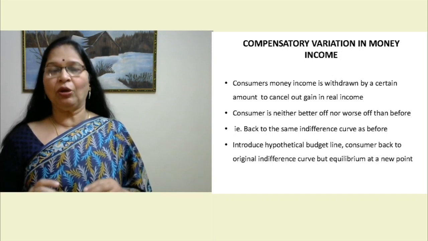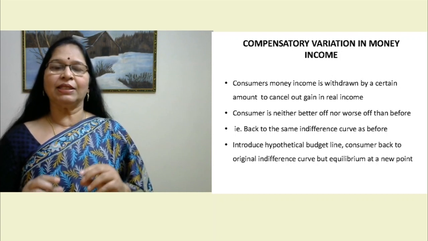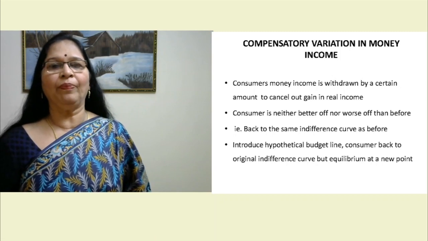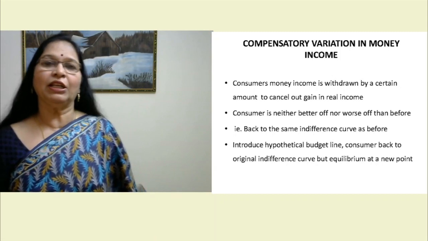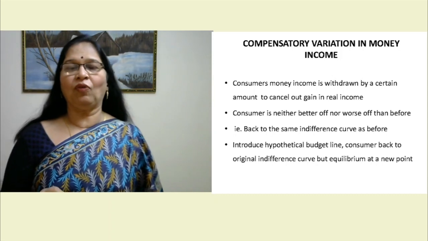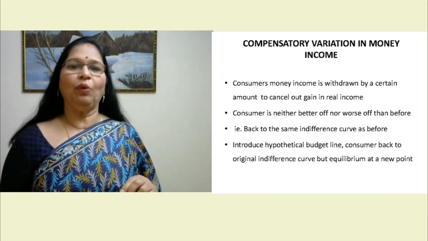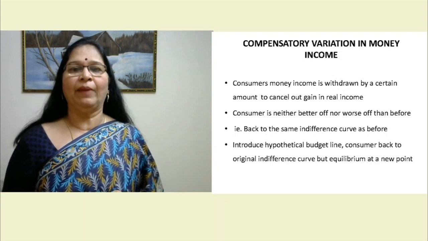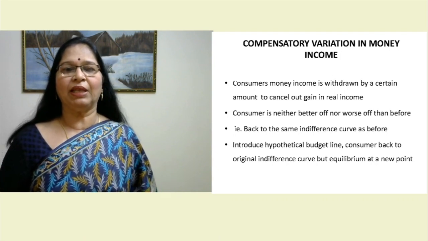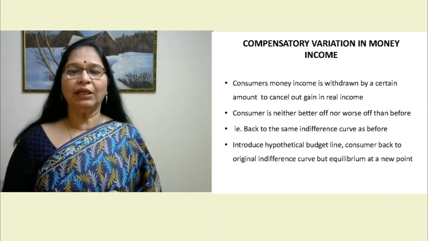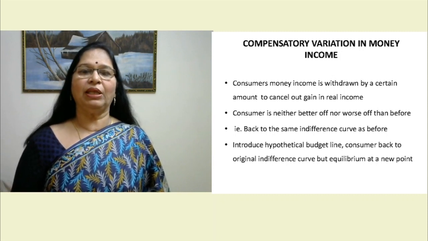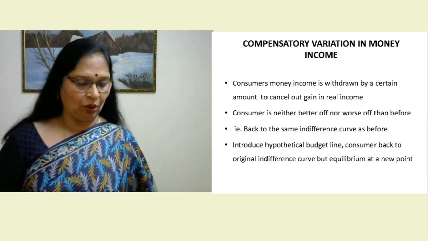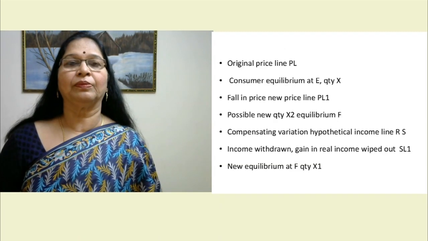What is that certain amount? That certain amount is the extra income that he got because of a fall in the price. We have another heuristic way of looking at it. We shall introduce a new budget line. This hypothetical budget line will bring the consumer back to the original indifference curve, but the equilibrium will be at a new point. Let us see how we can explain this.